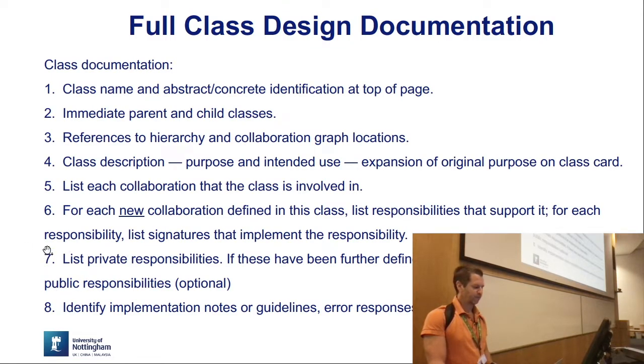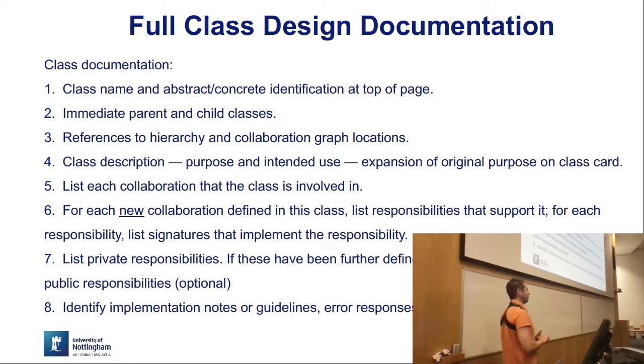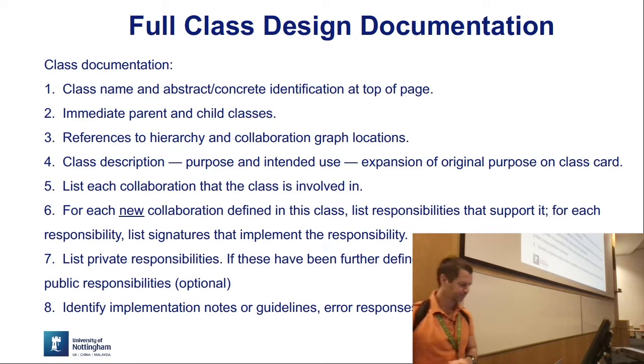Now, number 7, actually, I could delete that. We're not generally concerned with private member variables, private methods, private responsibilities. However, if you want to speculate on the use of those, it's fine. And then possibly something about the implementation, like what kind of error messages, performance requirements, etc.